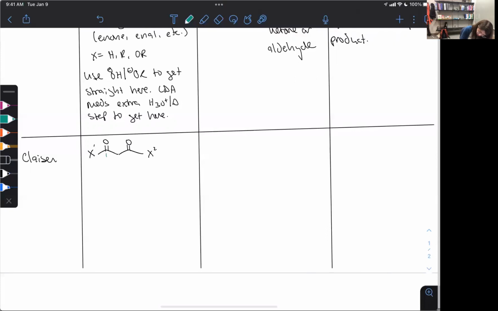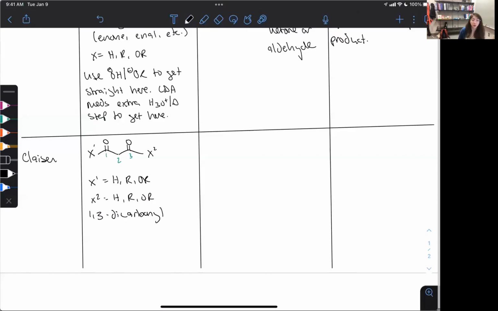So we're looking at 1, 2, 3. The thing to keep in mind here is that our X1, again, can be H, R, or OR. X2 can be the same. We'll have some specific rules for what the starting materials need to look like, but this is our 1,3-dicarbonyl, and that's really what we're looking for.